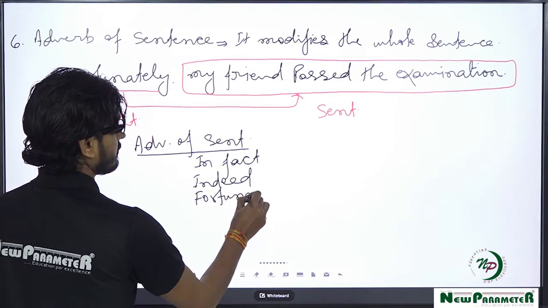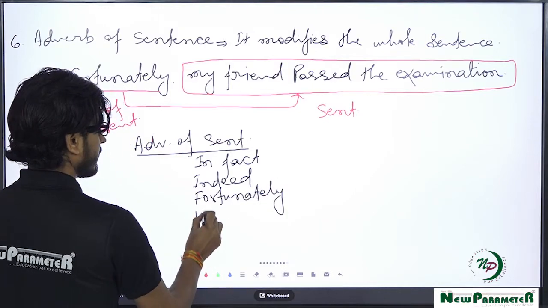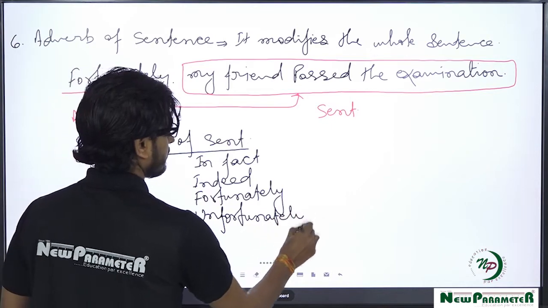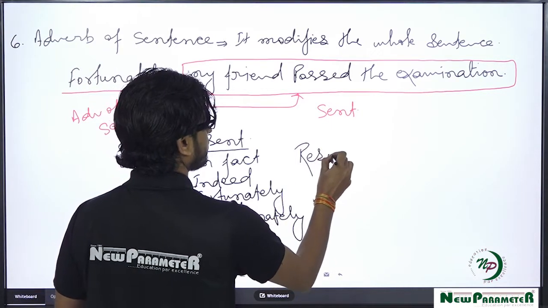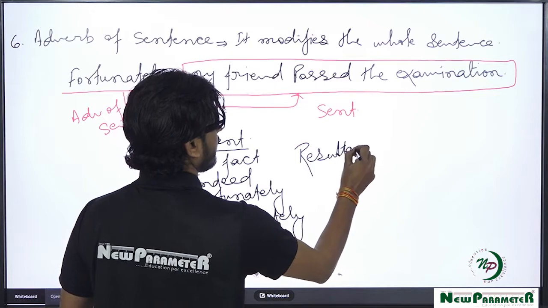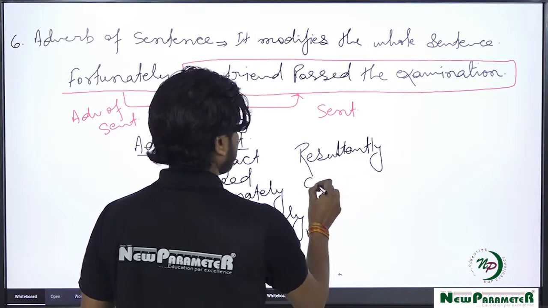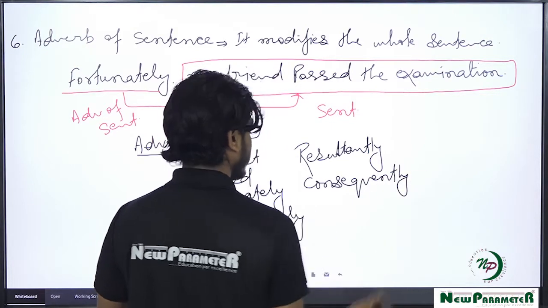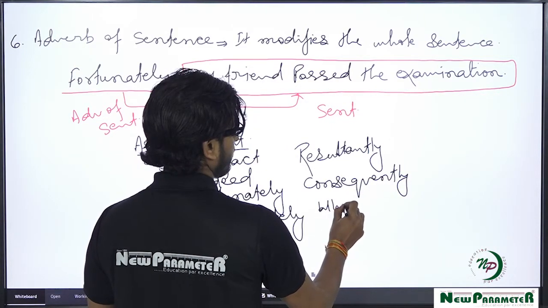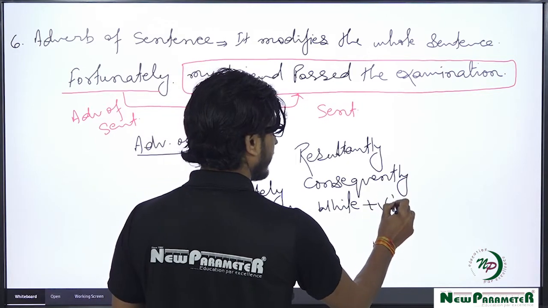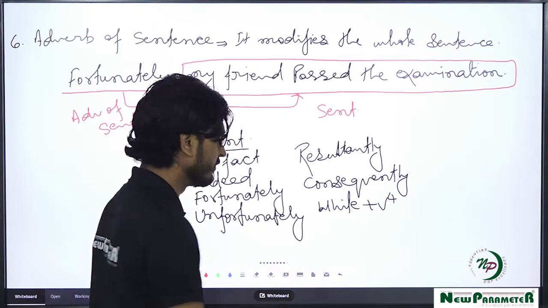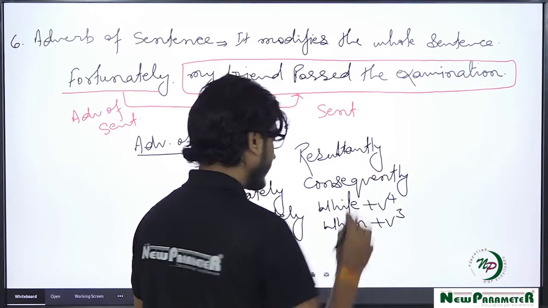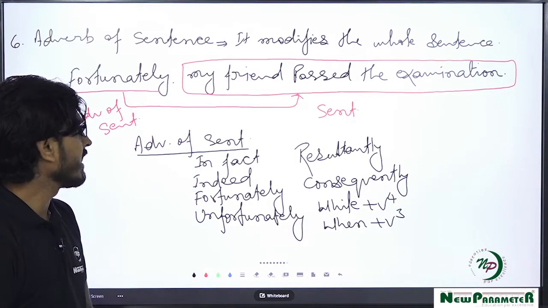Fortunately, unfortunately, resultantly, consequently, and while plus V4. V4 means the ing form of verb. And when plus V3. So these are basically adverbs of sentence.